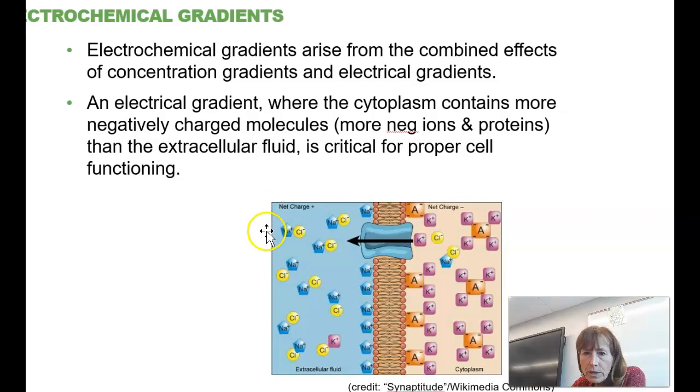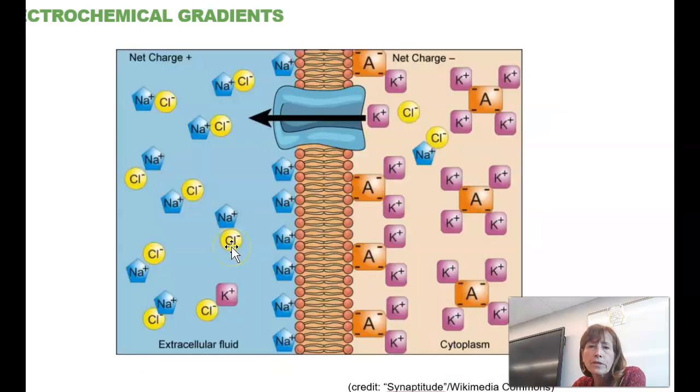Now on this picture, actually the next picture shows it a little better, so I'll go there. Because it's showing what's happening here. If the net charge on the extracellular side, so here we are outside, and in the cytoplasm, we have a lot of sodiums here, and then some other positively charged ions like potassium as well, but then we have negative charges, so here are the chloride ions.